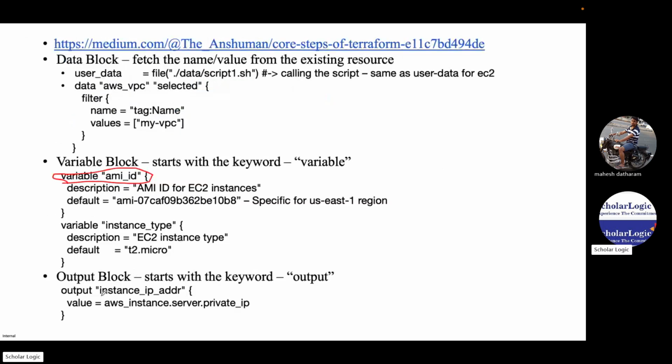If you want to use this variable, var.ami_id should be your call, so that it will call this particular AMI ID, whatever is defined for this particular region. This AMI will be used inside your code block, the resource block.